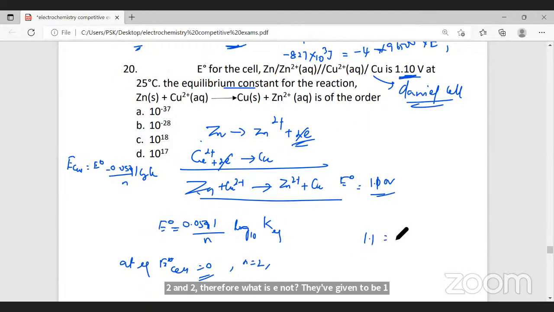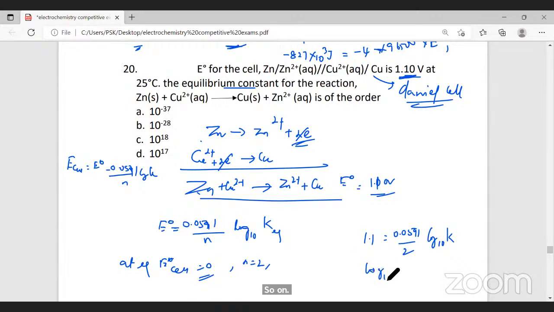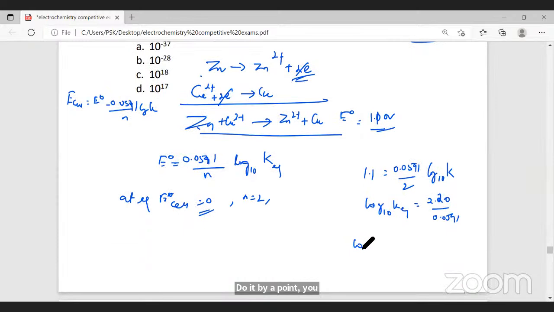So 1.1 is equal to 0.0591 divided by 2 log to the base 10 of K. On simplification, log to the base 10 of K equilibrium will be equal to 2.20 divided by 0.0591, which is 37.225.